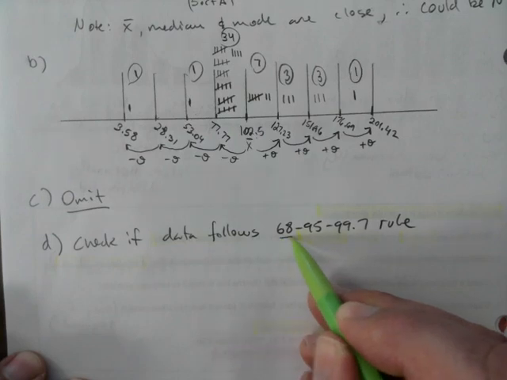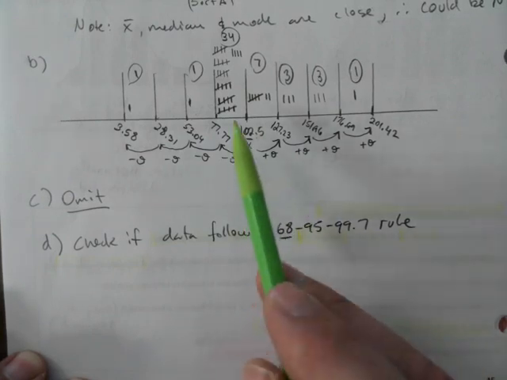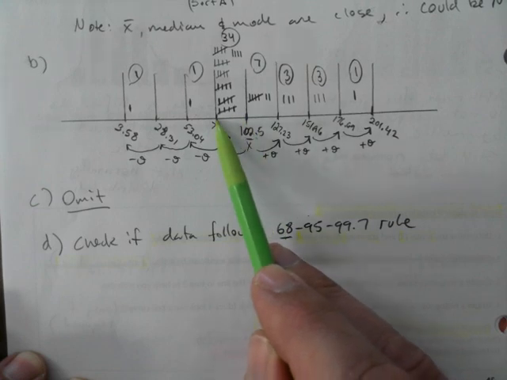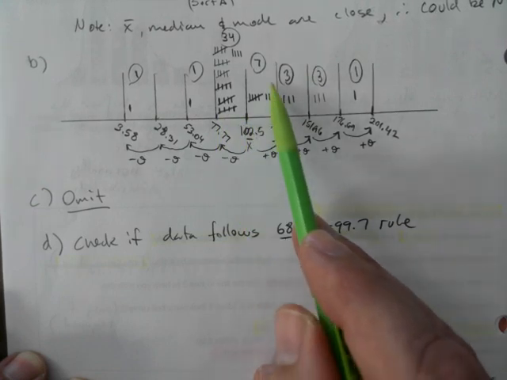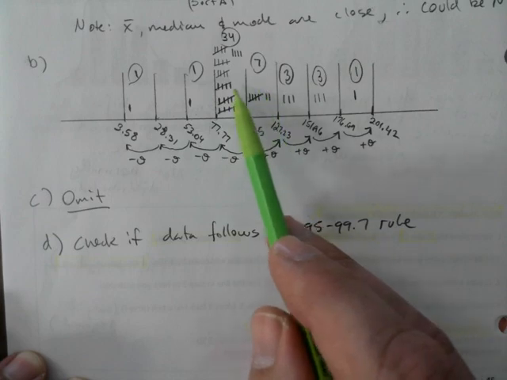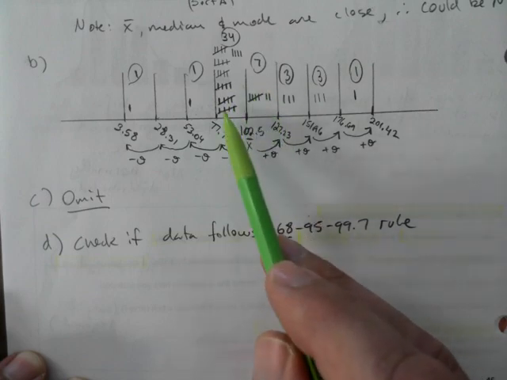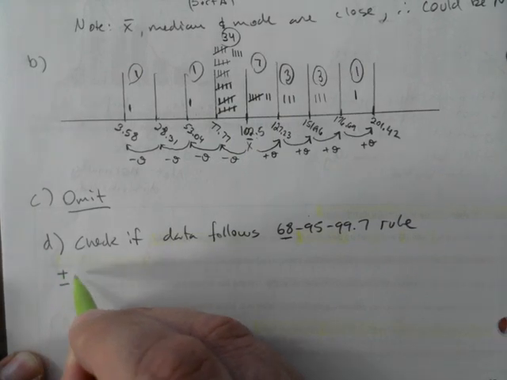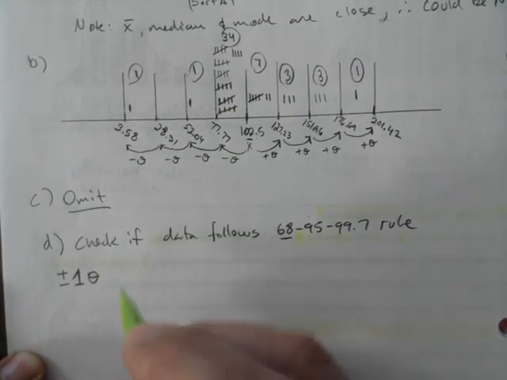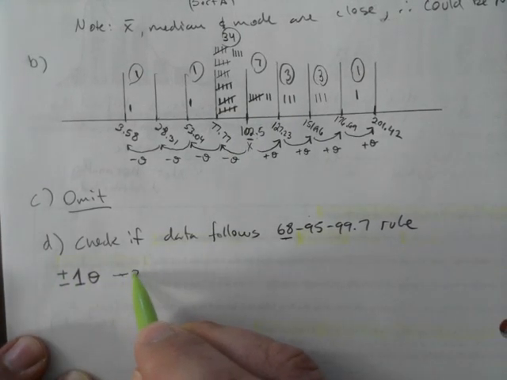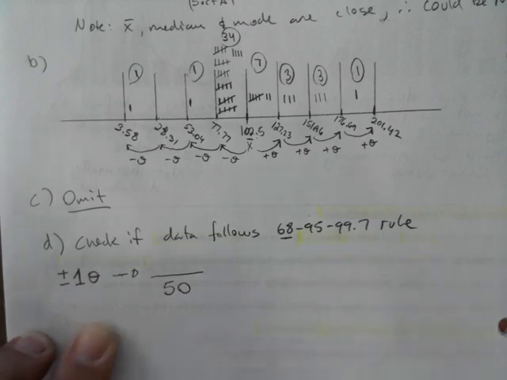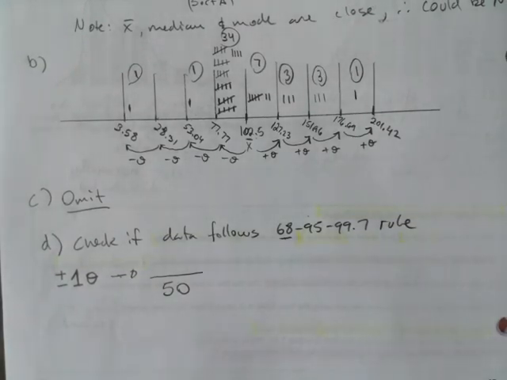So 68%, if this is your mean and you go 1 standard deviation to the left and 1 to the right, if you add up these two, it should be 68% of the values falling in there. So we do this, plus or minus 1 standard deviation. Remember, we're always comparing it to 50 values. We're having 50 movies that we're considering.